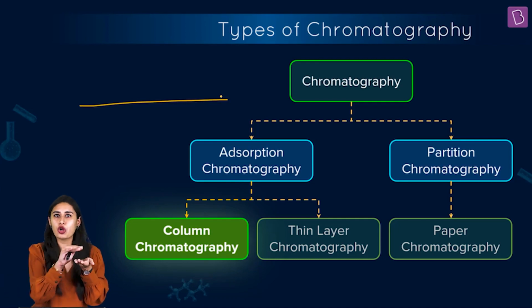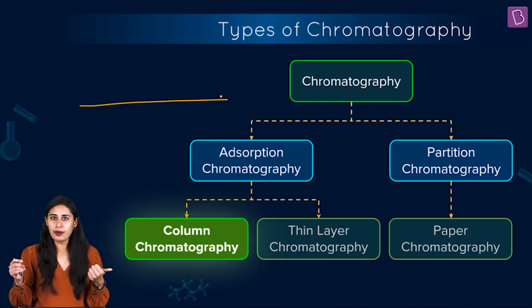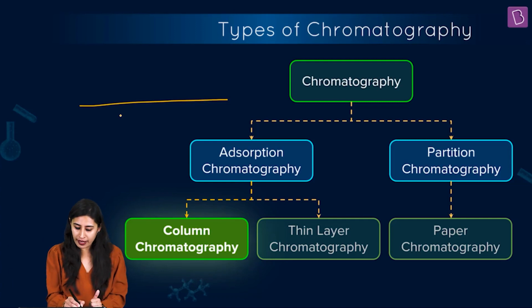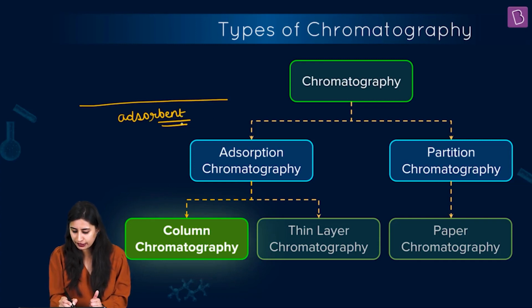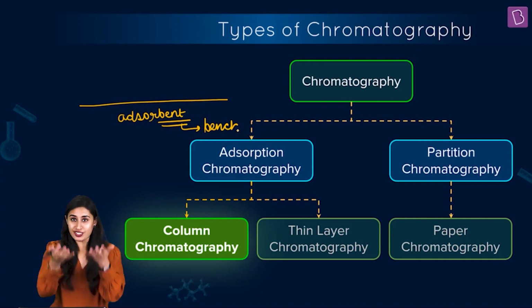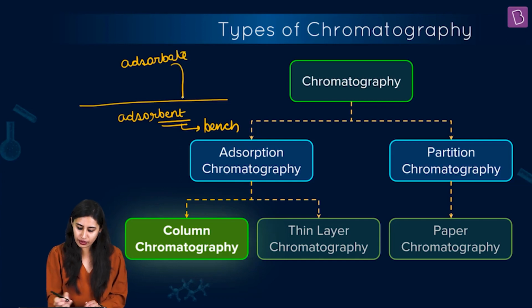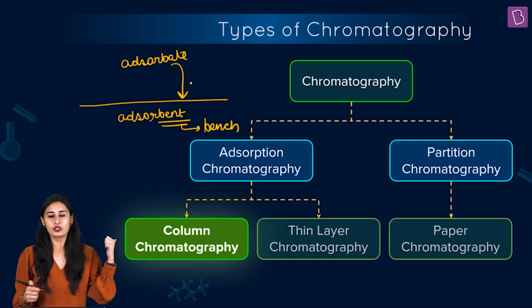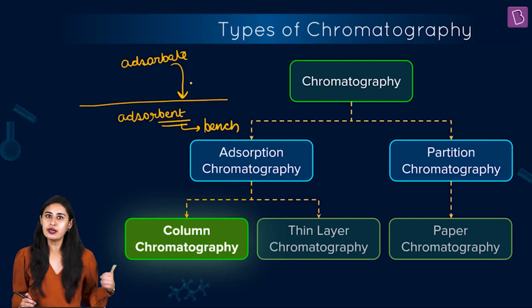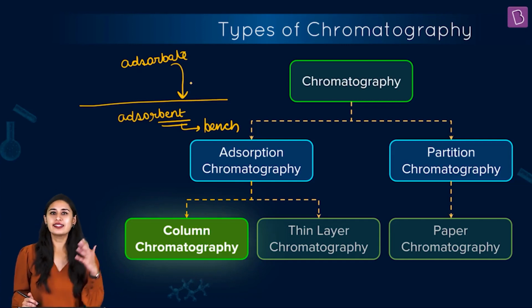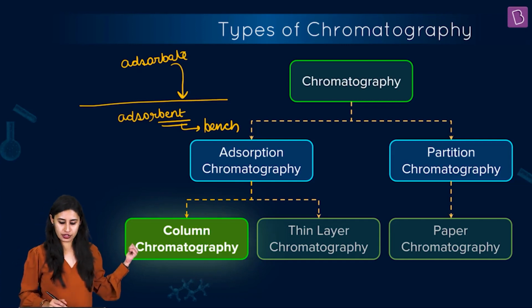So when I talk about adsorption, adsorbent comes, right? Adsorbent, the one which is providing the bench to sit, and adsorbate, one that is going to sit on the bench. So these terms should be crystal clear, and if they are, let's start with column chromatography.